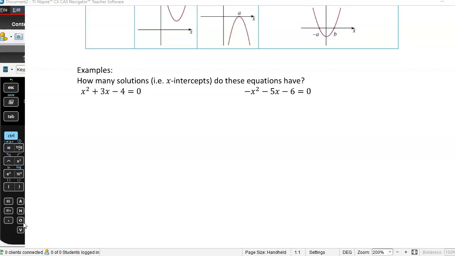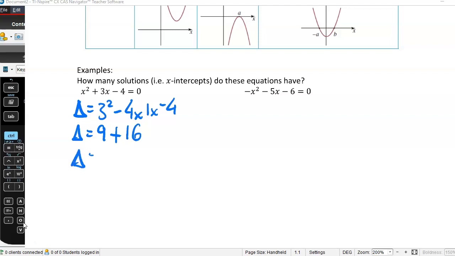I've got x squared plus 3x minus 4 equals 0. So the discriminant is equal to 3 squared minus 4 times a, which is 1, times c, which is negative 4. So the discriminant is equal to 9, take away, well, it's plus, isn't it? Because negative 4 times 1 times negative 4 is plus 16.